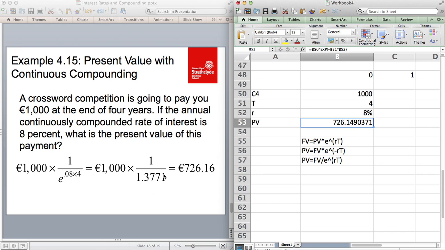Don't you worry about it, and your examiner will take that into account. If we were to do it the way we did in the book, we would say it's C0 divided by EXP to the power 8% times T. And it's the same thing. It's the same figure you get.